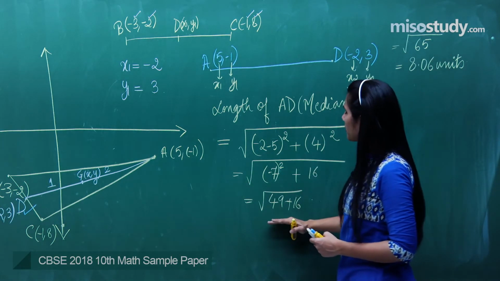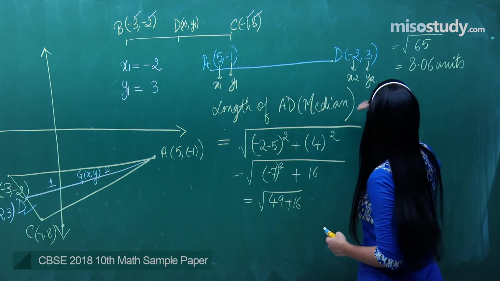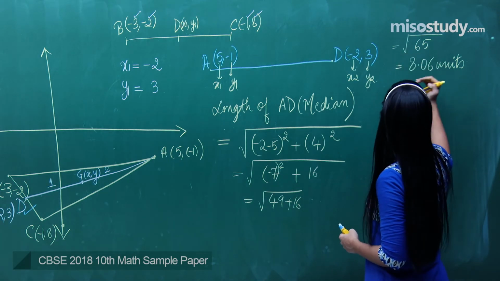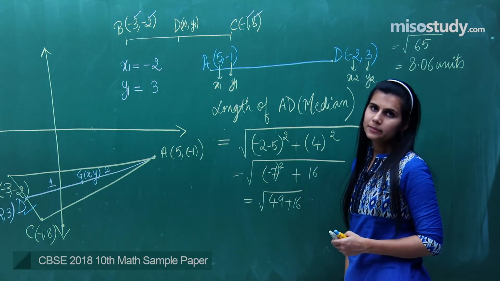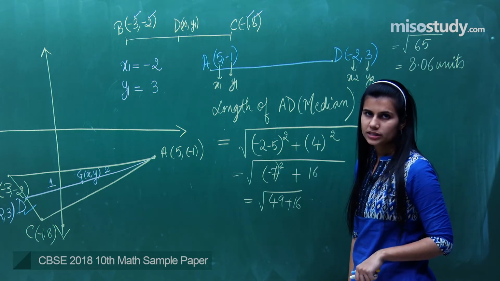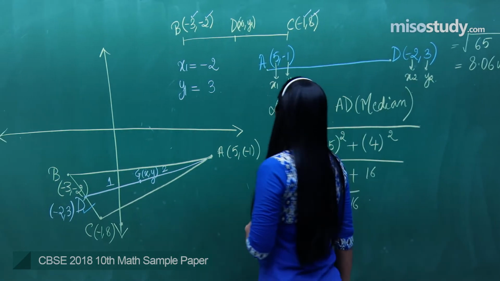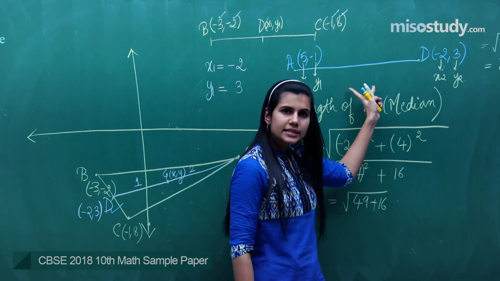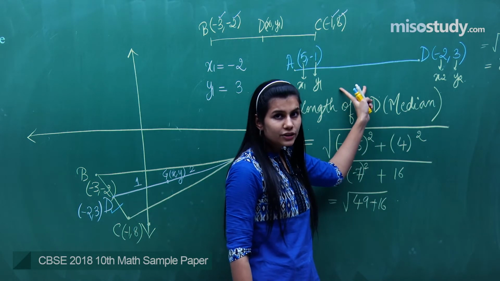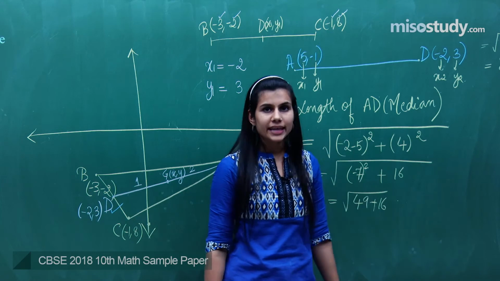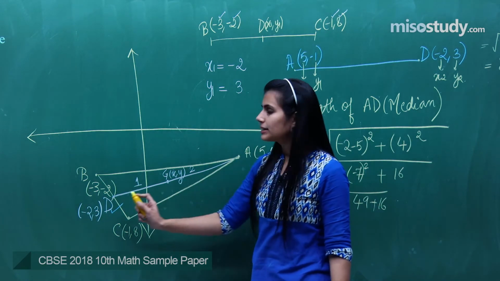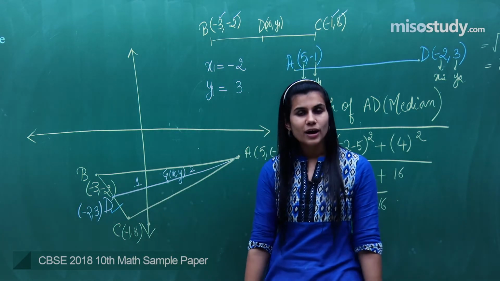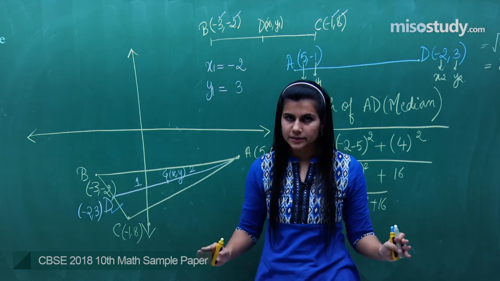That means over here, the moment you have this, you can eventually land yourself to this step and then find out the root. It comes out to be 8.06 units. Very easy. We just had A and D. We found out the distance between A and D, which happened to be the length of the line segment AD, but AD is nothing but the median, and so therefore you have the length of your median.